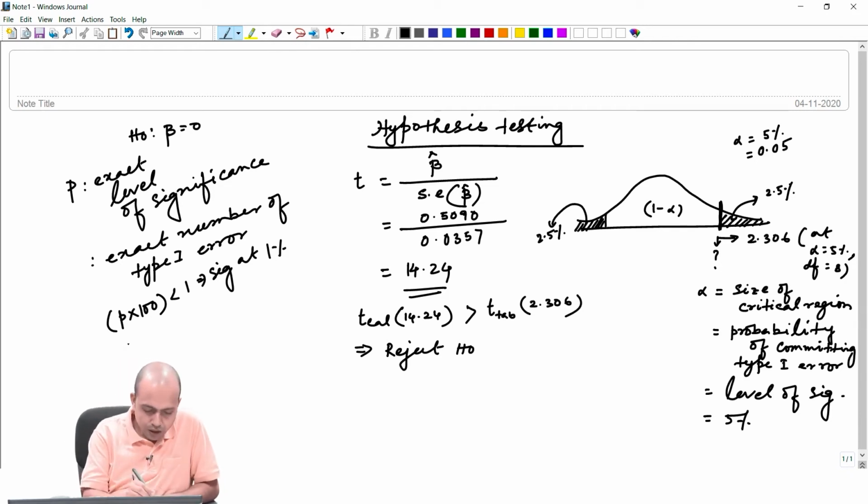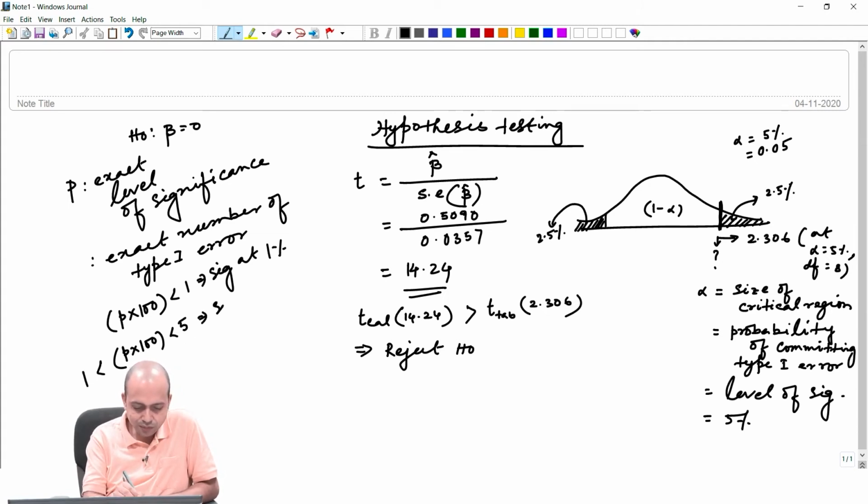Okay. Then you multiply this by 100, and if this becomes greater than 1, but less than 5, then we will say that the variable is significant at 5%.